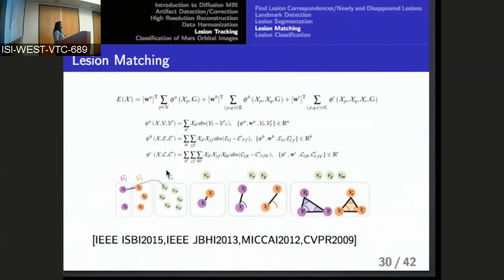And we solve this problem by binary labeling of the association graph corresponding to these two graphs. So assume that we have graph 1 in purple, graph 2 in orange. In the association graph, each node, for example, this node, represents one inter-edge connecting one node here to this node here. If we label this node with 1, that means that this is an active edge.